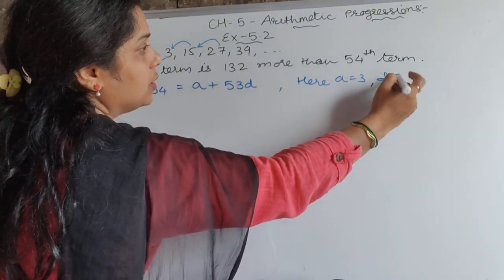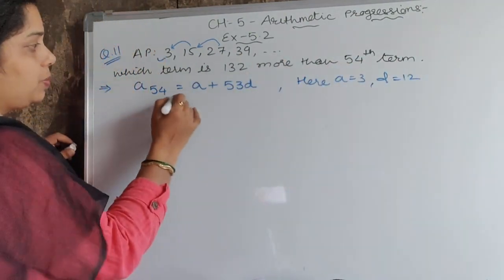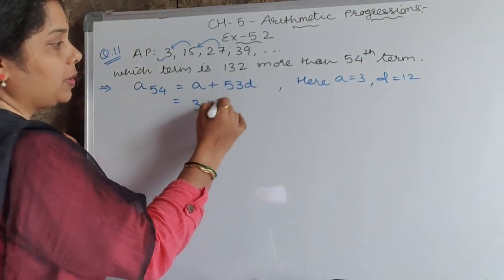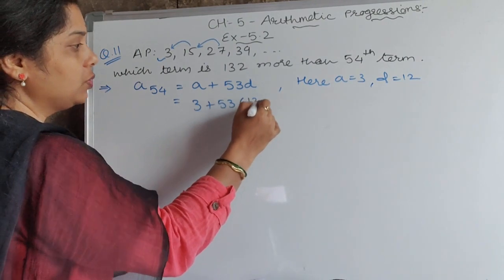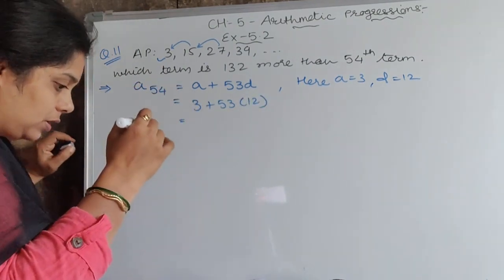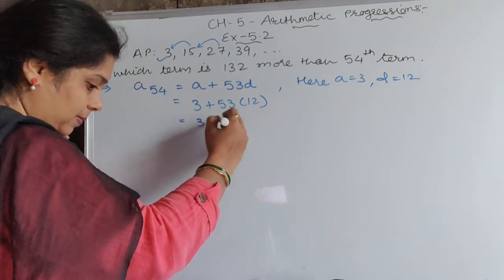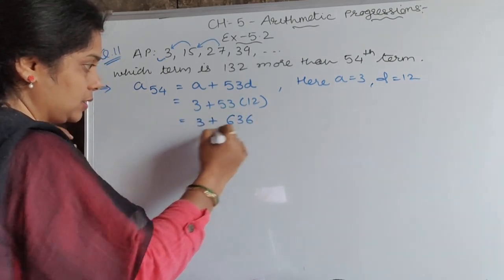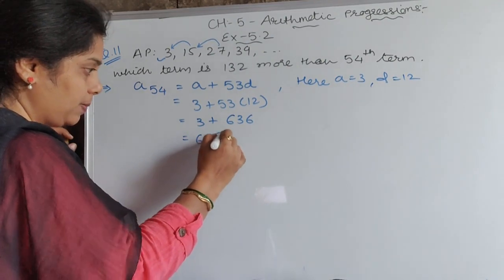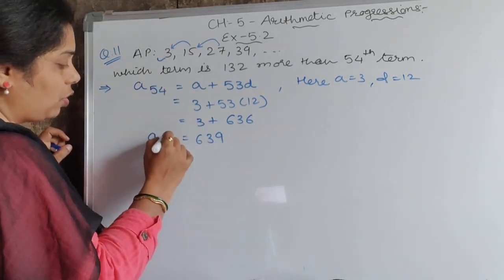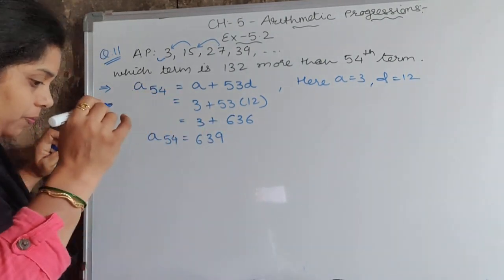So D is equal to 12. So we put the values here: 3 plus 53 into 12. So what is the value of this? It is 3 plus 636 is equal to 639. So this is the value of A54.